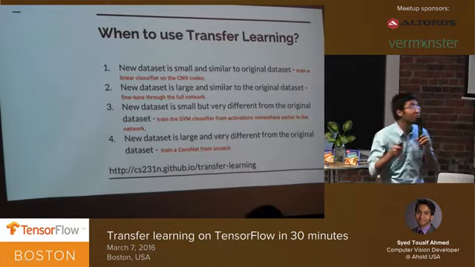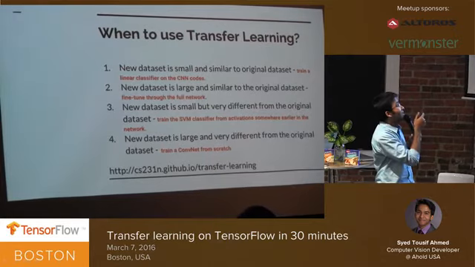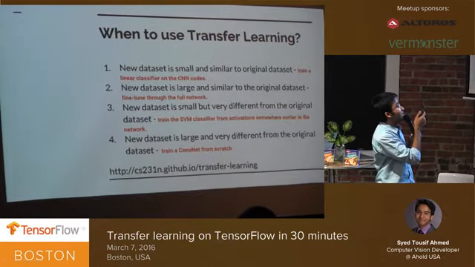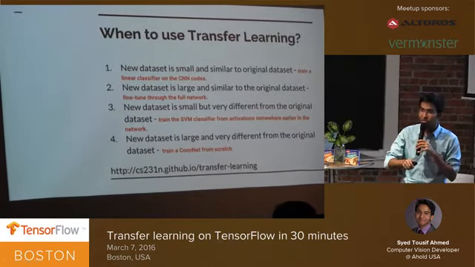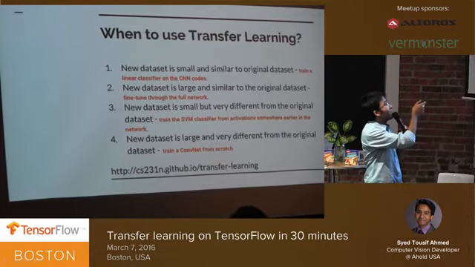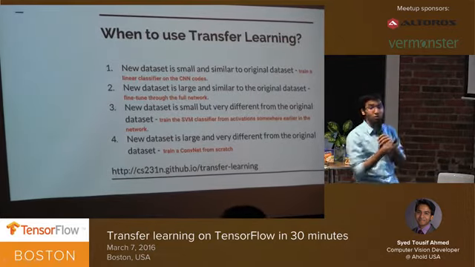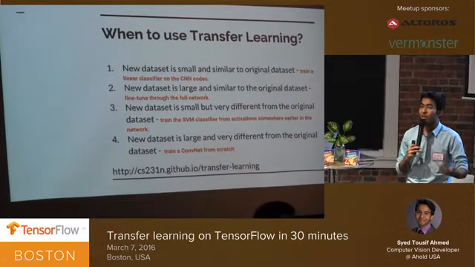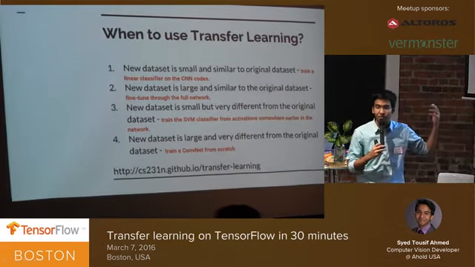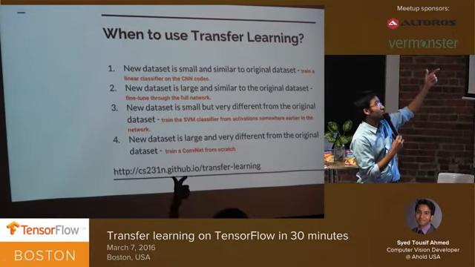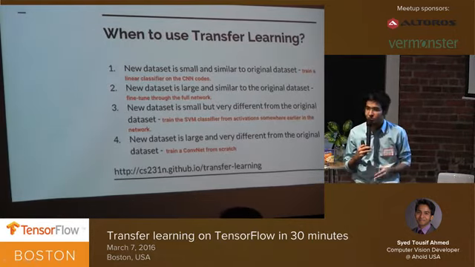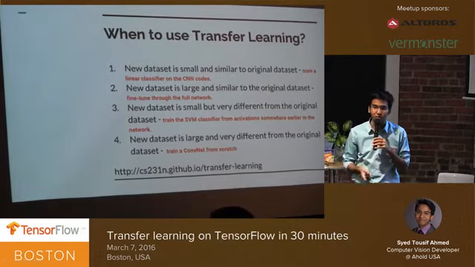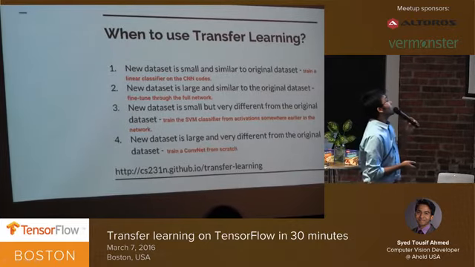When you have such a large data set, and it's also similar to the original data set, you're probably good to fine-tune through the full network, so that it's more accurate. But as I've told you about the pros and cons, fine-tuning would take you more time, but it would give you better results. So whatever floats your boat.